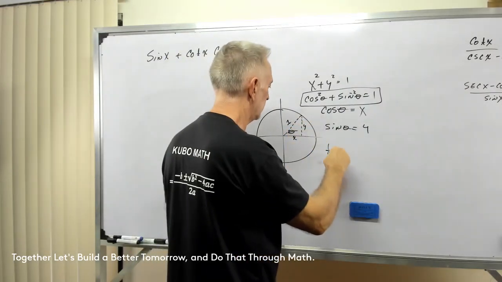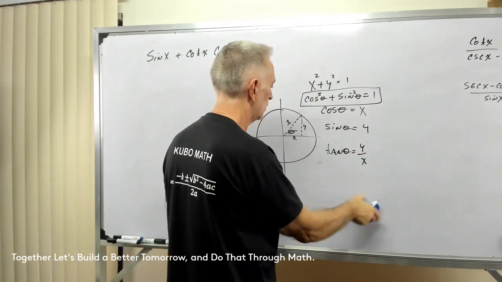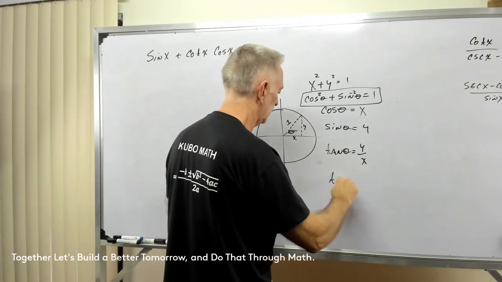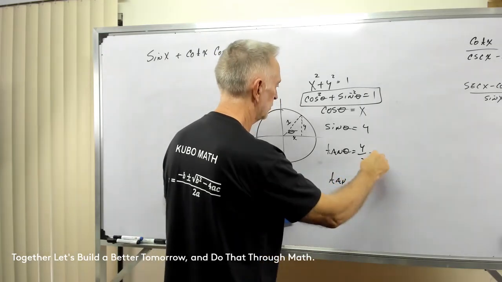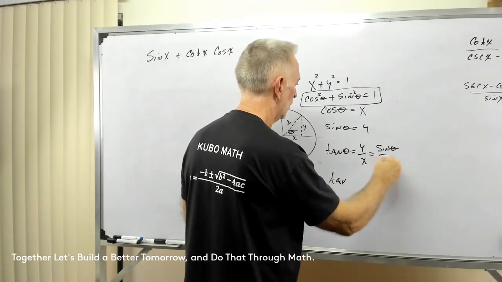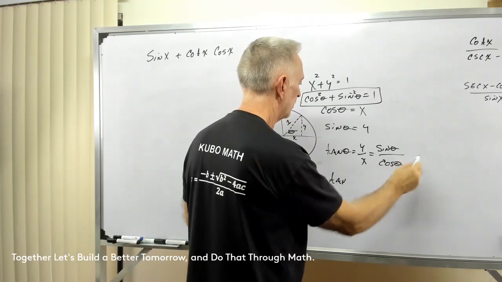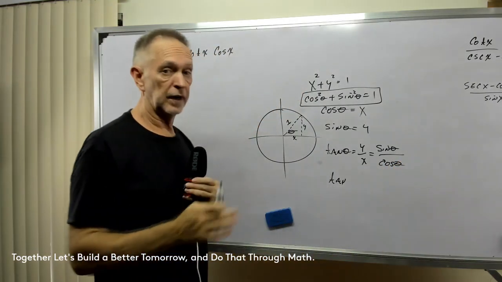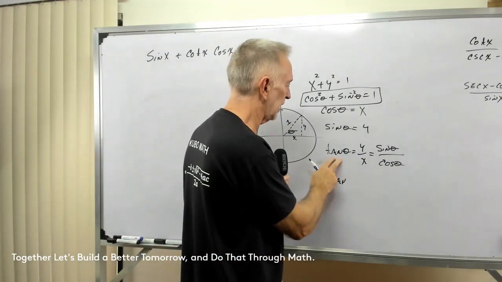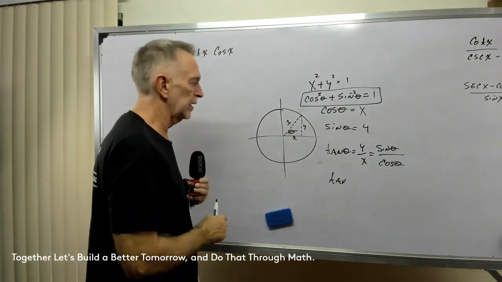Y was sine, so tangent theta equals sine theta over x, which was cosine theta. That's a very commonly used way of representing tangent, is converting that into sine theta over cosine theta.